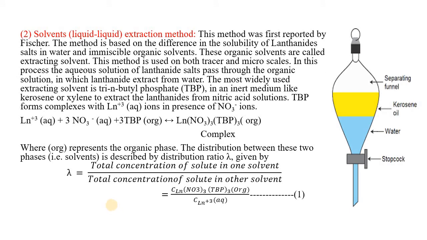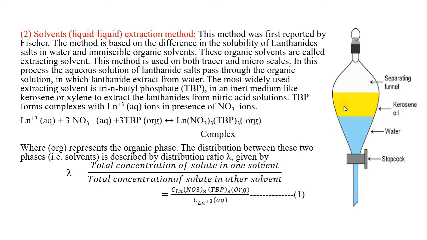Now, the solvent extraction method, which is also a popular and modern method for the separation of lanthanides. In this method, a separating funnel is used. For example, in this separating funnel, water contains lanthanide compounds which are soluble in water.